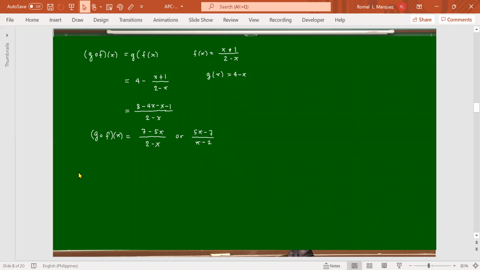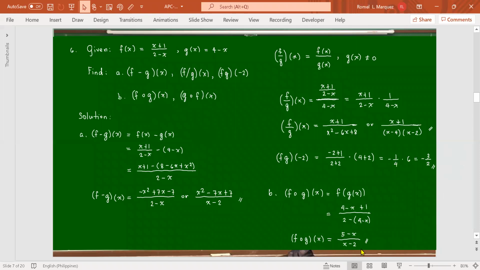A question, children. What if you're asked of the domain? What are the domains of F circle G and G circle F? So what if you're asked of the domain of F circle G? So this is it, no?